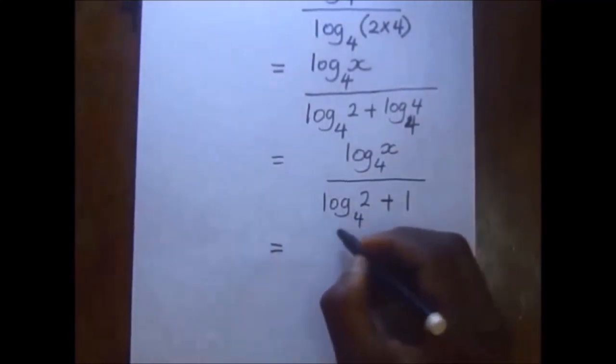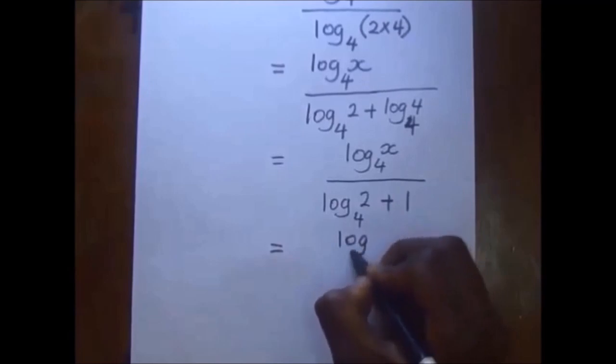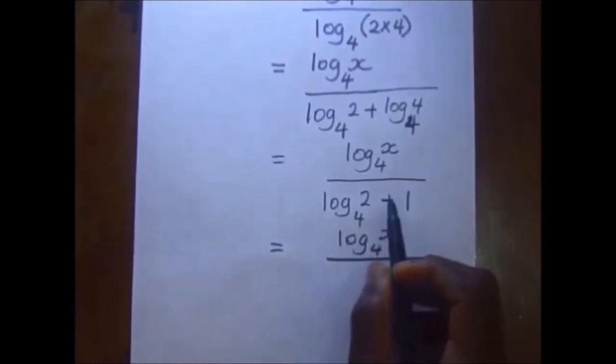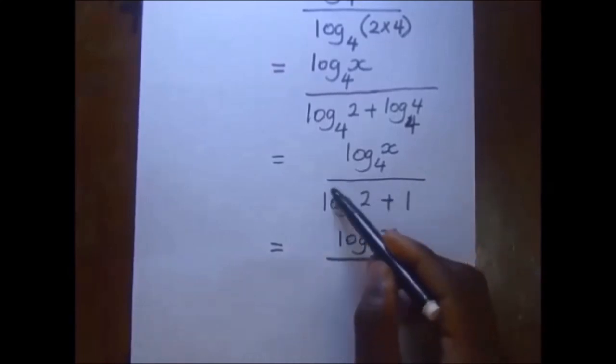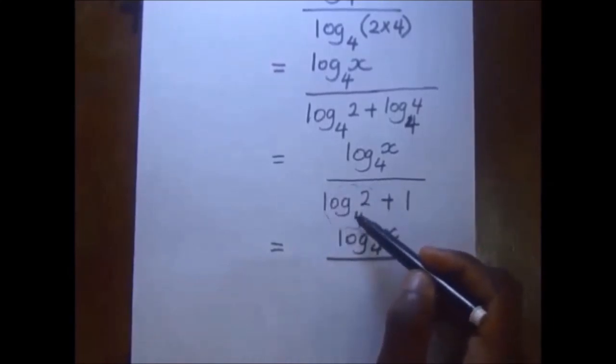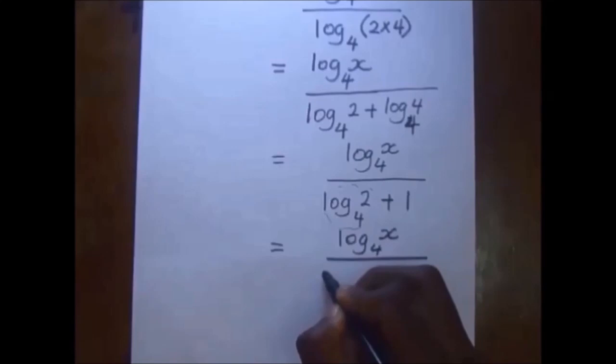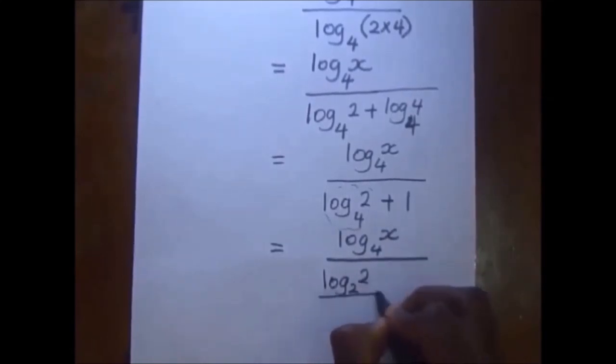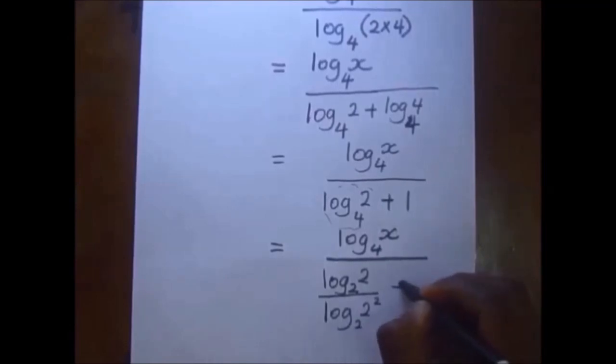So this still will be log of x base 4, divided by, now let's convert this to base 2. This log is of base 4, we convert it to base 2, it's going to become log of 2 base 2, divided by log of 4, which is 2 squared, base 2, plus 1.